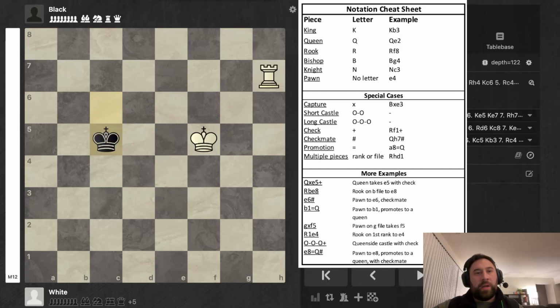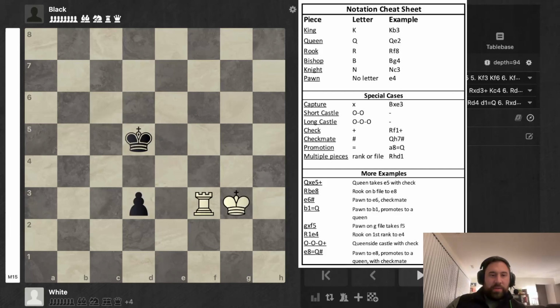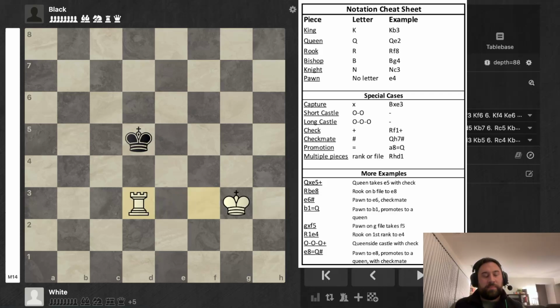Perfect. Our next one is going to be white to play, and white plays here. So this one is going to be RX D3 plus.